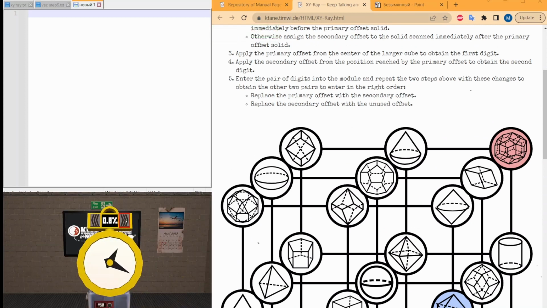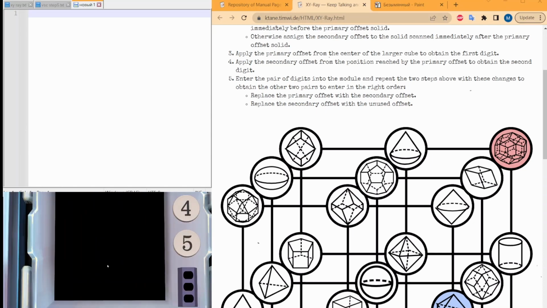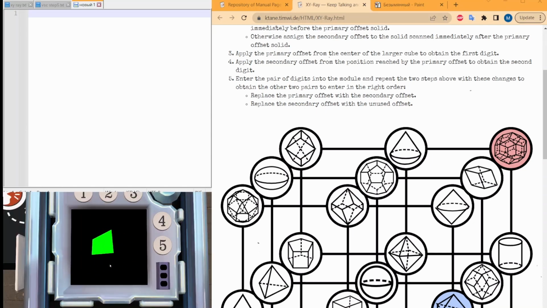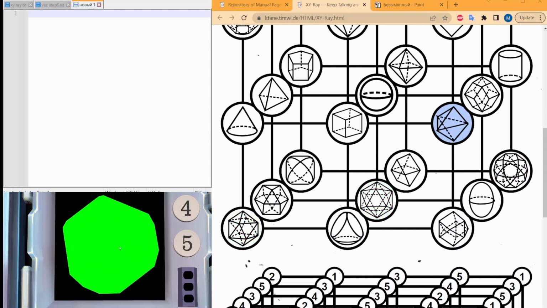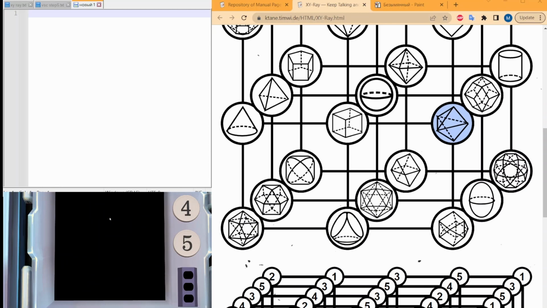Let's see if I can do this without the PJ thing. Okay, I believe it's maybe one of these. However, no, it's probably not. We need to confirm what.